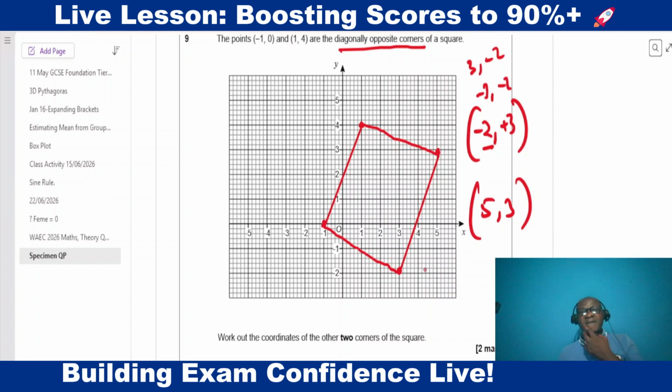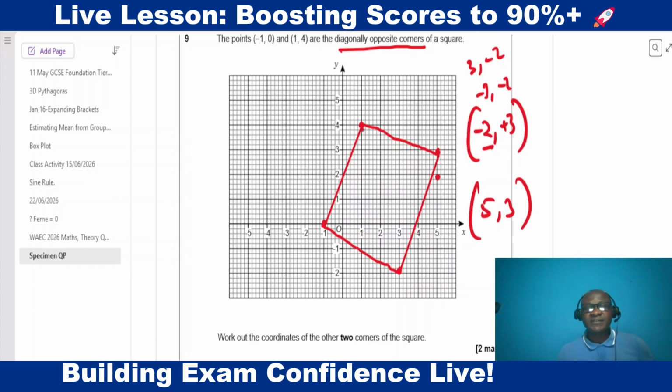So it means something has to come down there for it to form a square. It should be 5, 2. That is, this is 2 here, right?